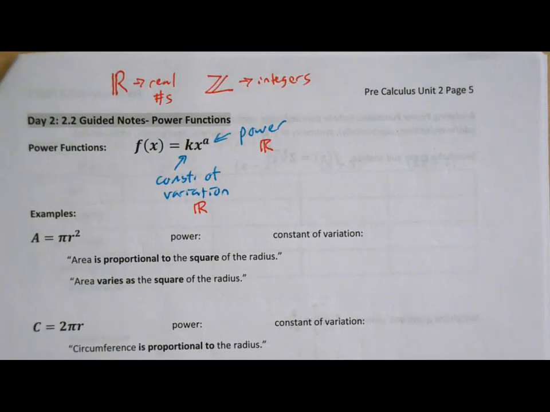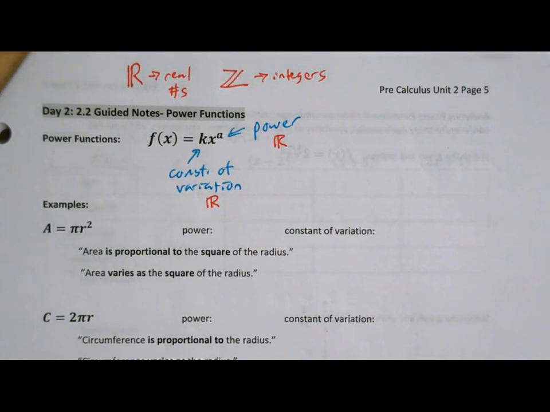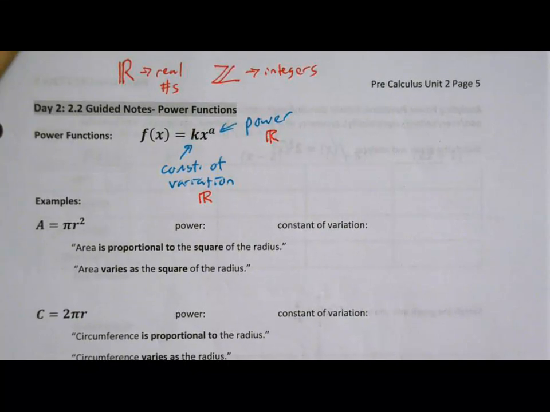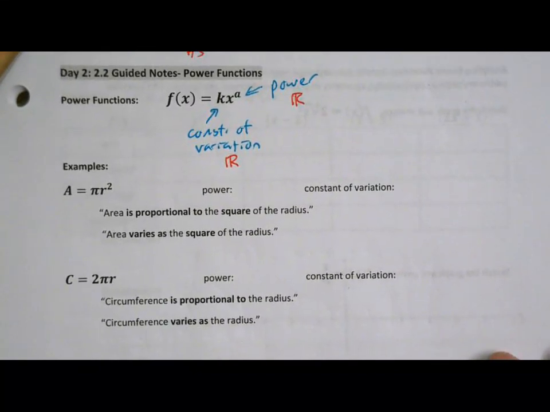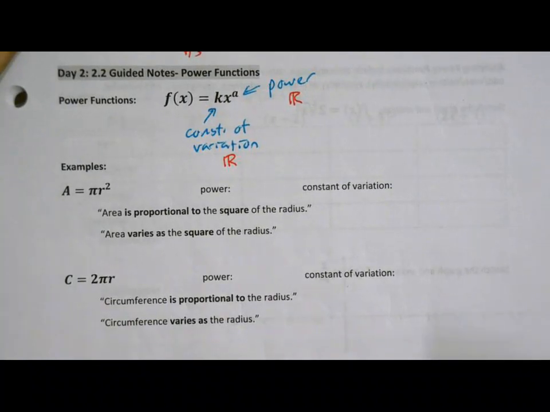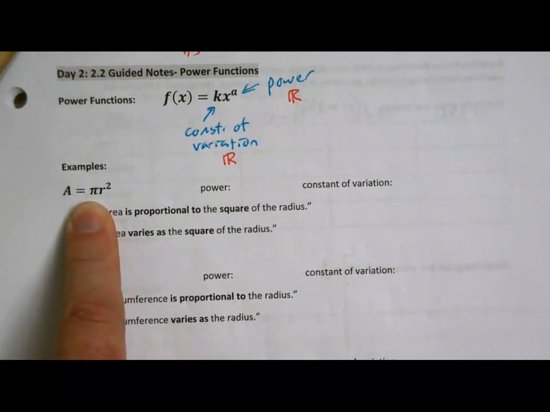All right, so let's just go through, we'll look at some equations, we'll identify the constant of variation and power, and then talk about the language that we would use to describe them. So all of these are going to have some basis in either geometry or science. Our first one is the area of a circle.